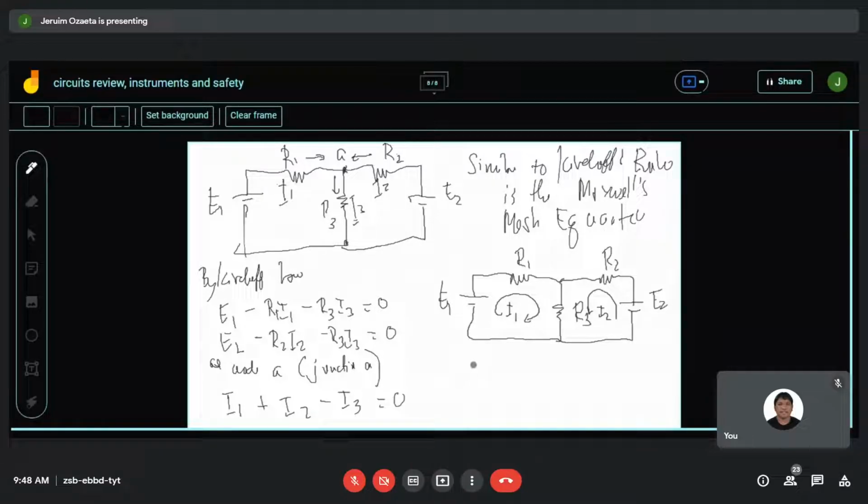A mesh current flows in a loop so that the sum of the voltages in the loop is 0. Okay.